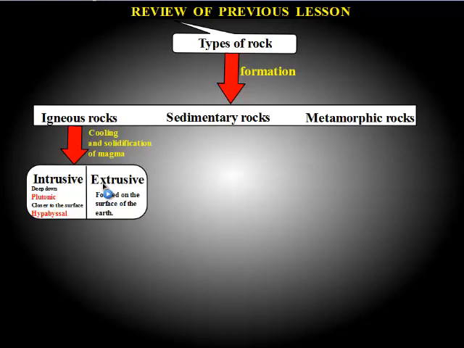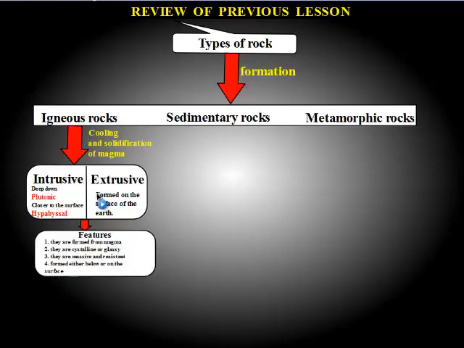We also said that with the extrusive or the volcanic igneous rocks, they are formed on the surface of the earth. That is when lava cools and solidifies on the surface of the earth. We looked at the features of igneous rocks. We said igneous rocks are formed from the cooling and solidification of molten magma or lava.